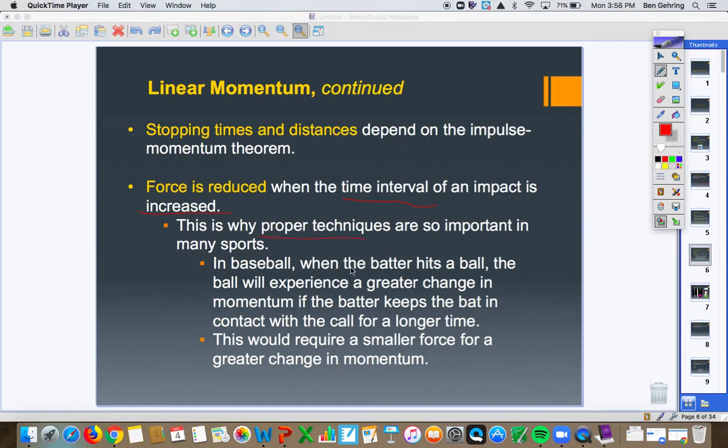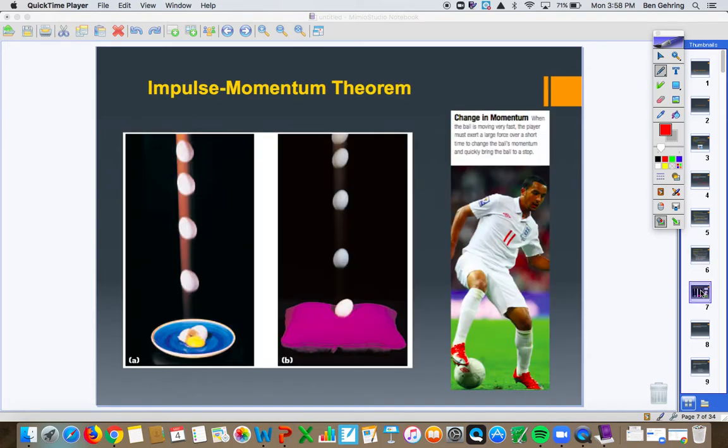For example, in baseball, when the batter hits the ball, it will experience a greater change of momentum if the batter keeps the bat in contact with the ball for a longer time. So force times time: the longer the time that ball is in contact with the bat, the greater the change in momentum. And that is the goal when you are batting, obviously.